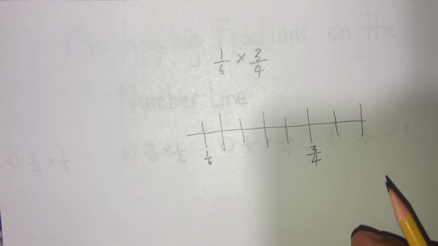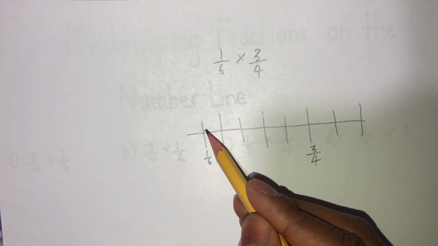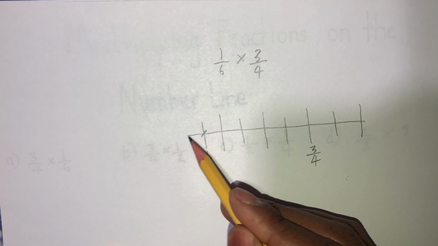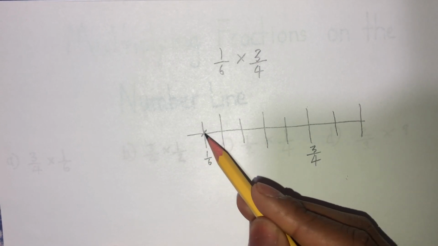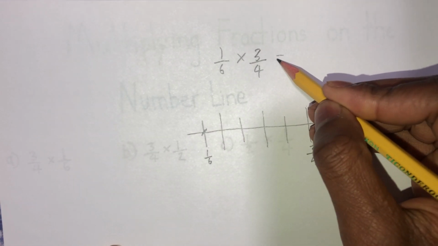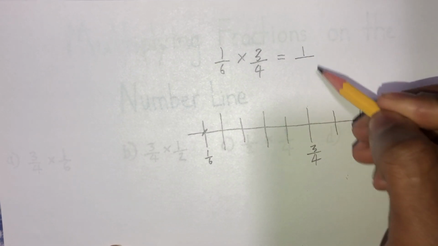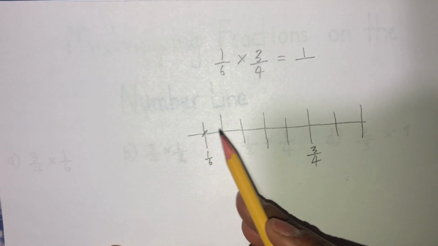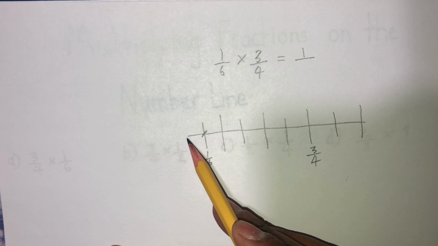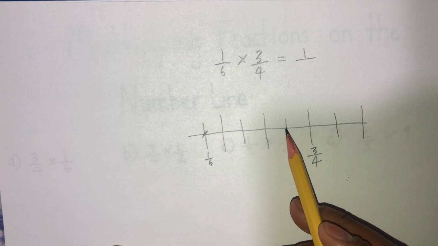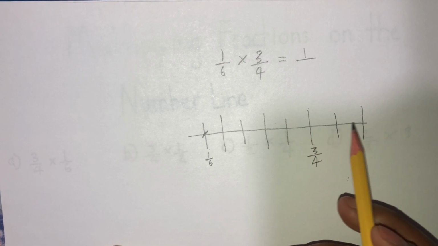Now we're going to start at 0 and count. So 0, 1. So our 1/6 is at 1. So we put equals 1. Now we're going to count all the strokes in all. So 0, 1, 2, 3, 4, 5, 6, 7, 8.